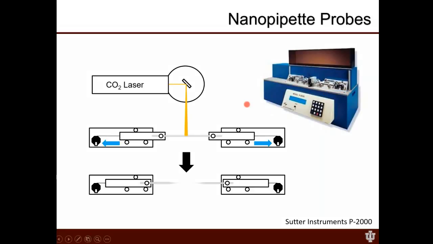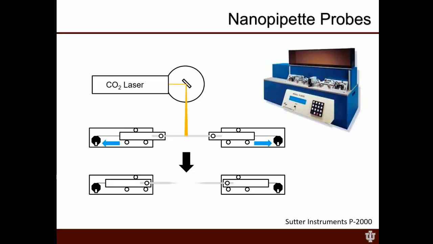If you want to make pipettes out of borosilicate or softer glasses, you can use a simple thermal resistive puller. So what happens is the CO2 laser shoots the capillary that's held between the two arms of a puller bar. Those puller bars separate, and it gives us two nanopipettes in one single action.